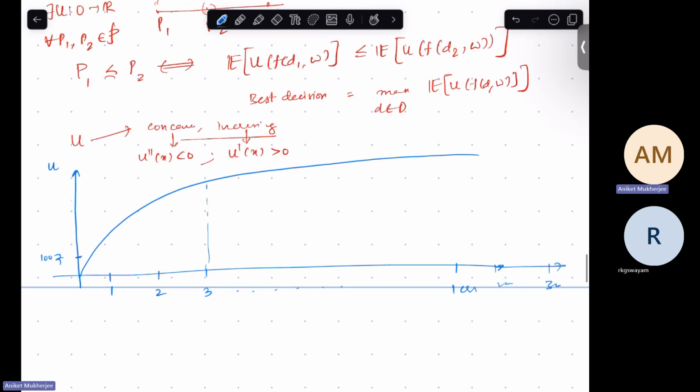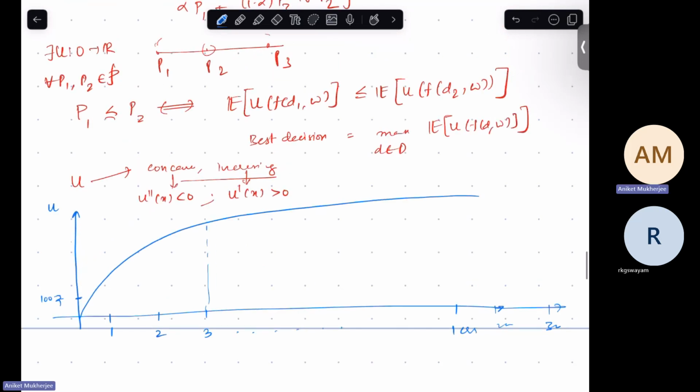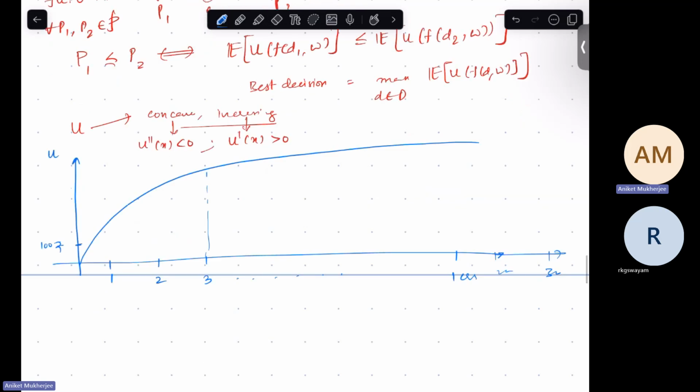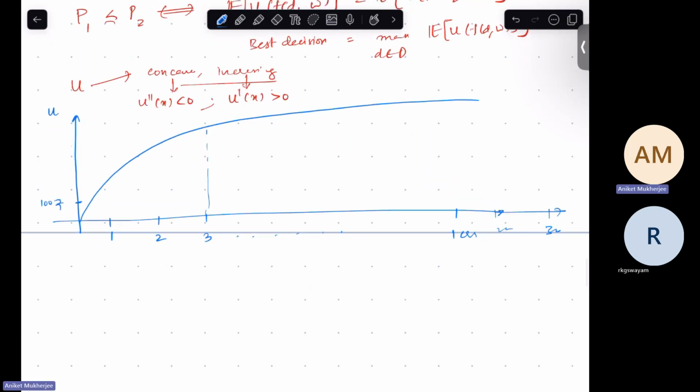So suppose in the first case, I have this 100 rupee thing. This is 300, this is 200, and this is 100, right? So I win 300 with probability 2 by 3. I win 0 with probability 1 by 3. If I want to take part in this thing, right?